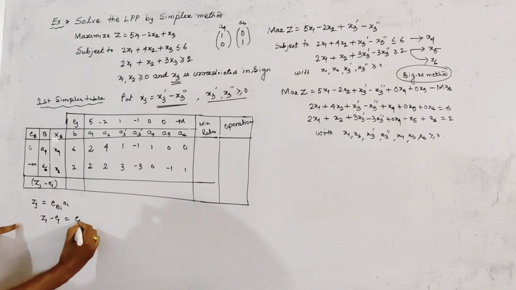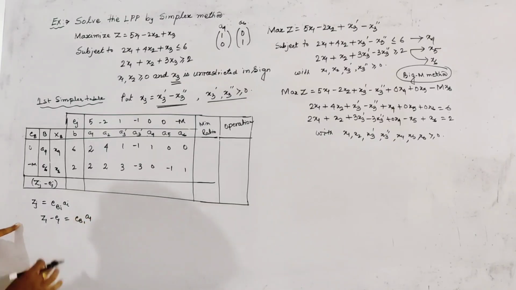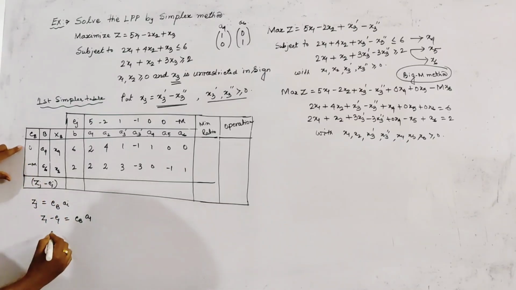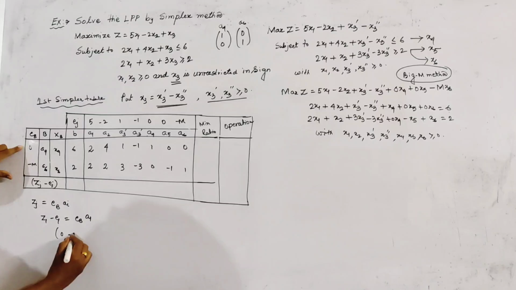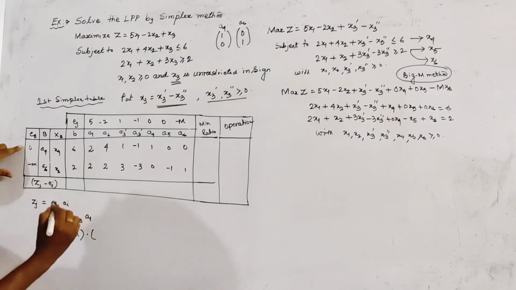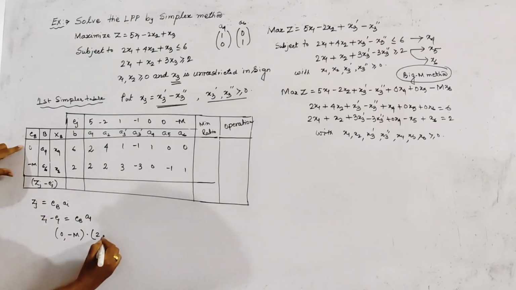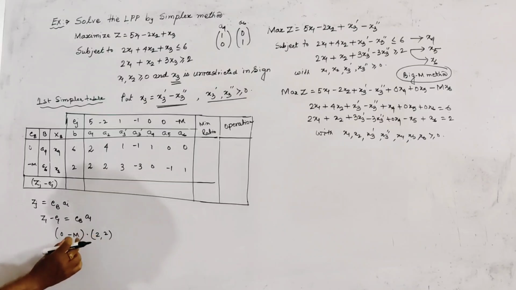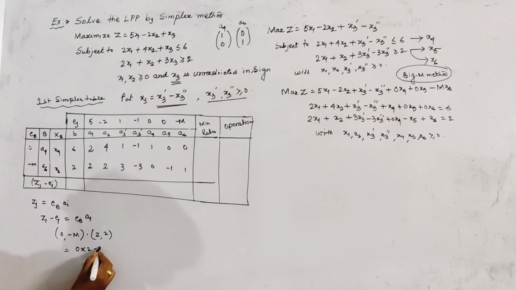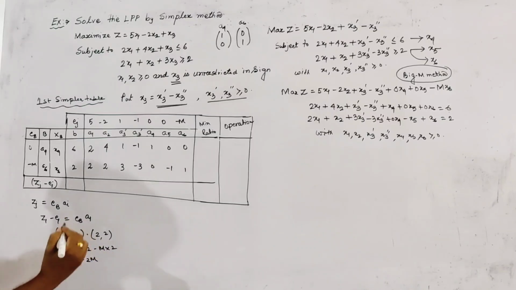We calculate CB into A1. This is CB only. So CB into A1, CB means 0, minus M, dot A1. A1 means 2, 2. This is a dot product. So this is 0 into 2 minus M into 2, so this is minus 2M.